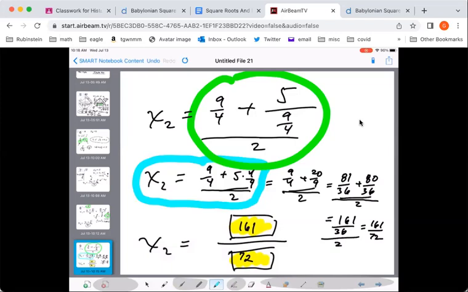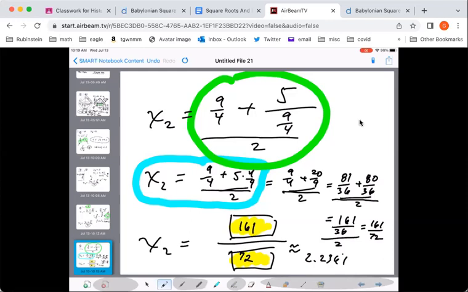Oh, and yes, I see that if you put that into a calculator, 161/72, you end up with a decimal approximation of 2.2361111.